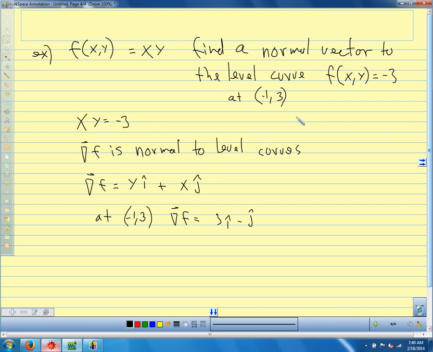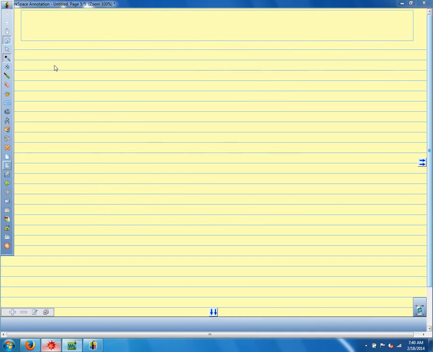All right, this is my favorite kind of problem that has to do with gradients. My favorite kind of problem that we do. Questions on this example? All right. So we have this temperature function.